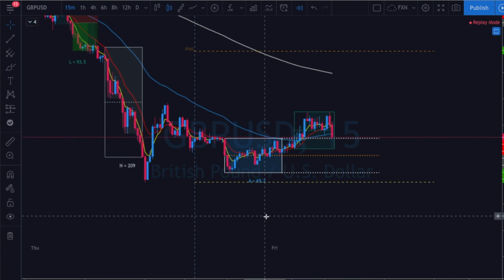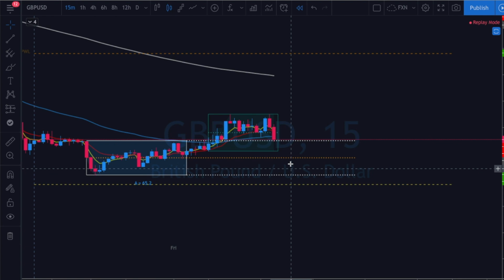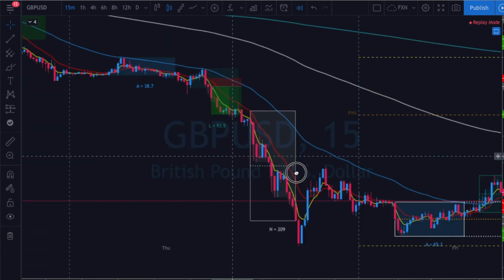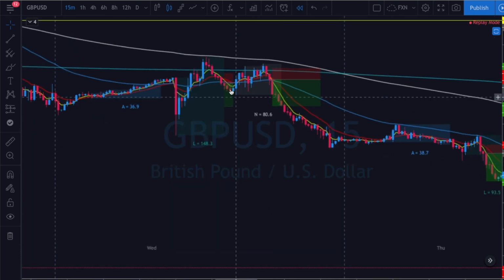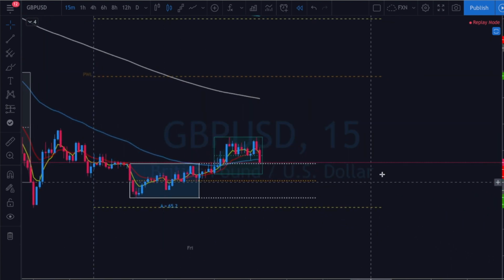Right there. If you're an aggressive trader, there's a close below the 13, and you're kind of in the same situation that you were over here, where you're basically taking it super late into the session and you could get stopped out.